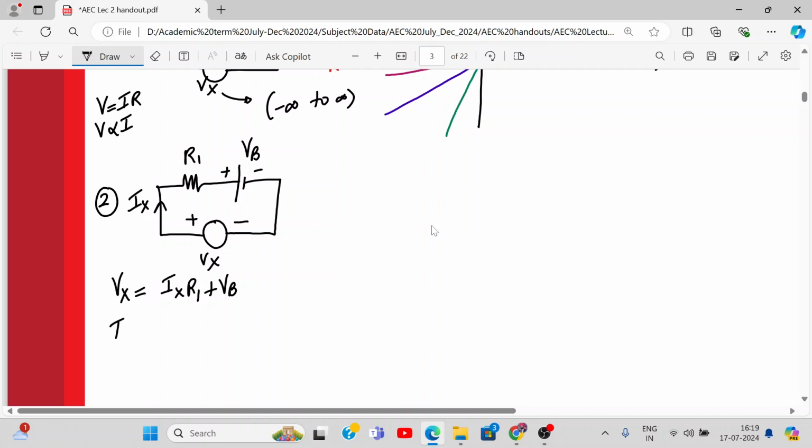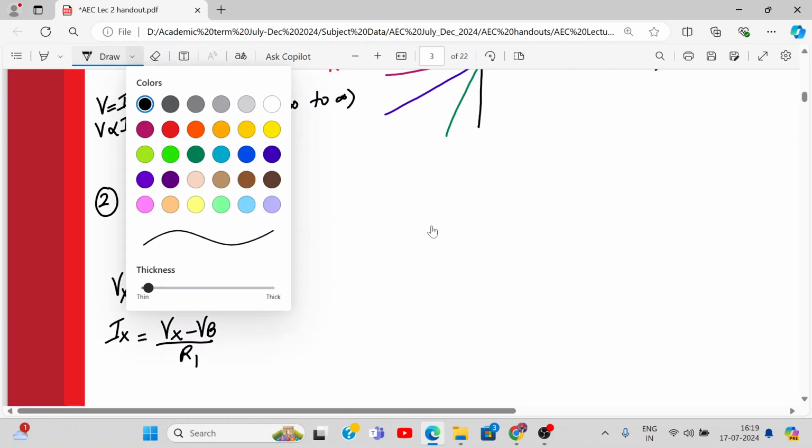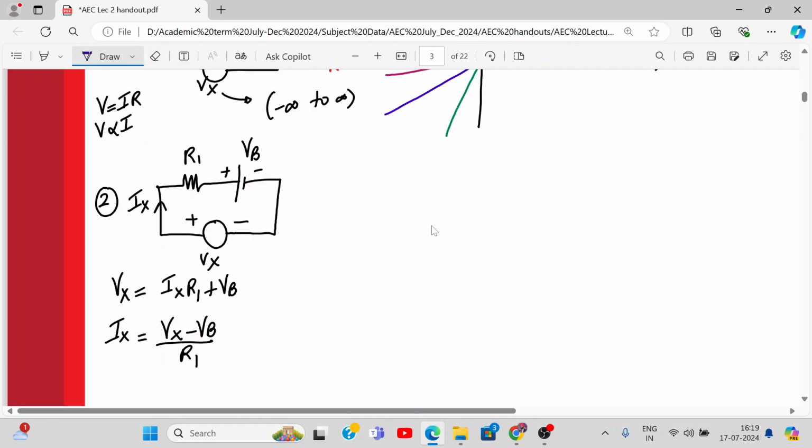So what is Ix now? Vx minus VB upon R1. Agree, yes or no? And can I say for this equation, whenever Vx is equal to VB, my Ix will be 0? Yeah?